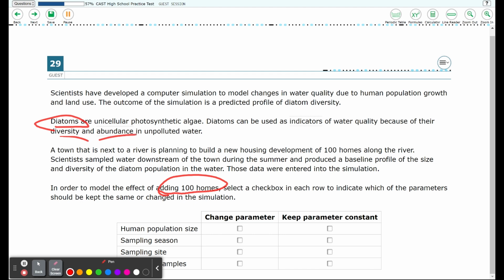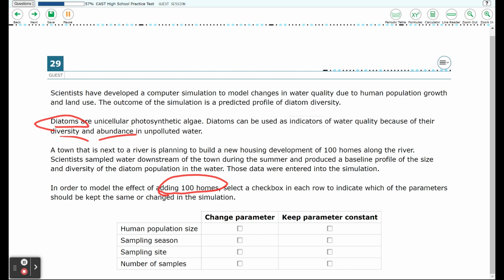None of these choices talk about the number of diatoms, so therefore these things will all have to be held constant. None of them will be the thing we're changing for the diatoms. Okay, but for adding the 100 homes, the human population size is the thing that we are changing.